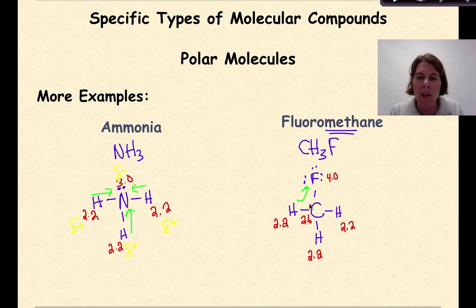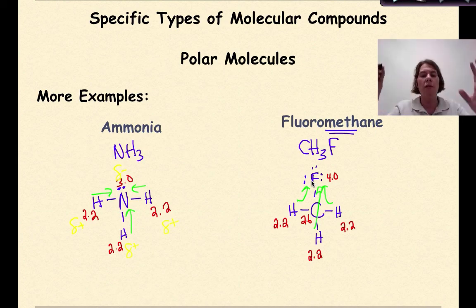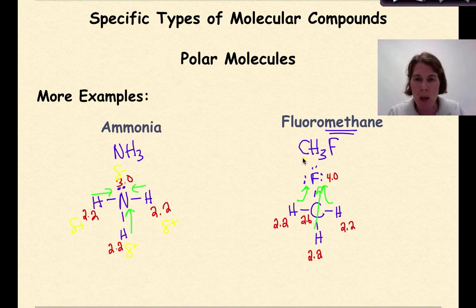So we can sort of think of it like, all right, everything's just sort of going through the carbon, and the general amount of electron density is pulled up towards the fluorine. So in that case, the fluorine would have a slightly negative sign affiliated with it, and then the hydrogens would be slightly positive. So again, most definitely a polar molecule. The bonds are polar because of the difference in electronegativities, especially the one between the fluorine and the carbon, and the molecule as a whole is also polar.